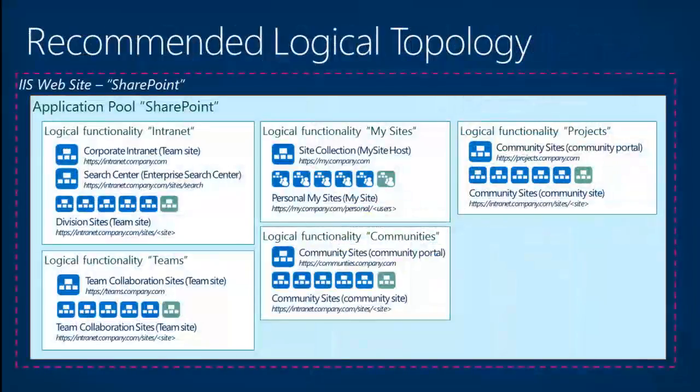So the recommended logical topology moving forward, 1 IIS website, 1 application pool. Wow, I thought I'd get revolts from that. So we know from running this thing in our service that this scales orders of magnitude better than going with multiple web applications. There's some things that we have to learn to do differently.